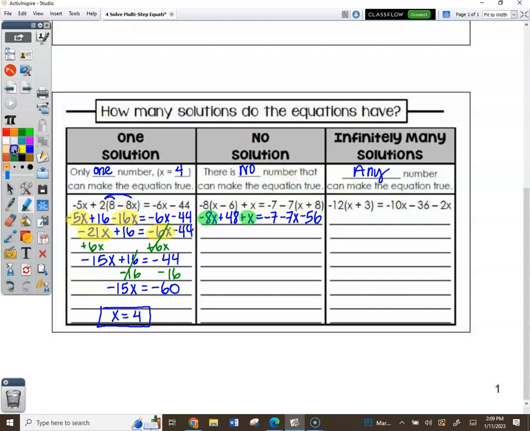Let me change colors. These are on the right. On the left we get negative 7x plus 48, and on the right we get negative 63 minus 7x. Did you get that?